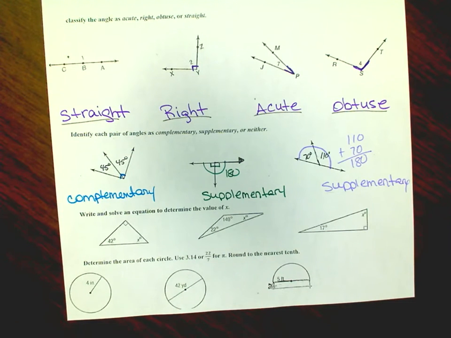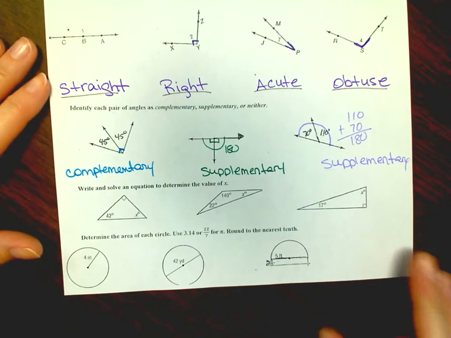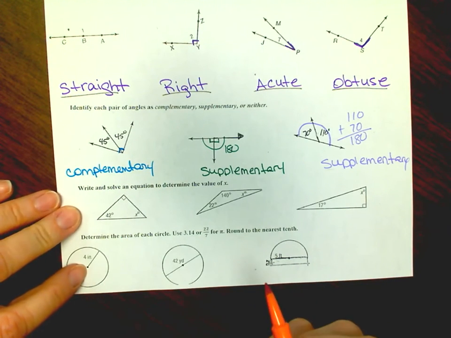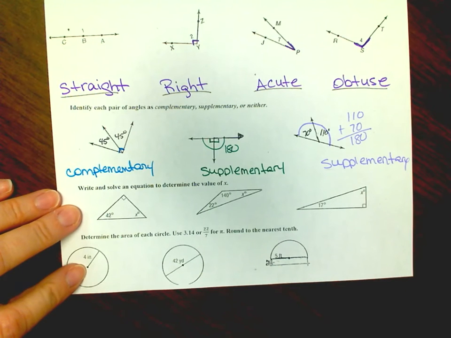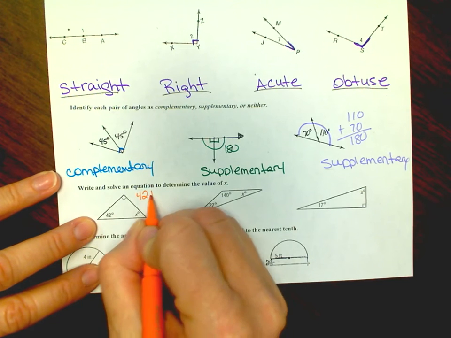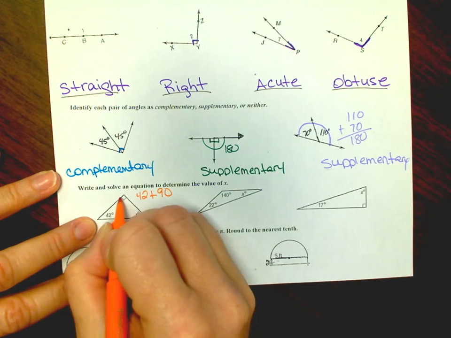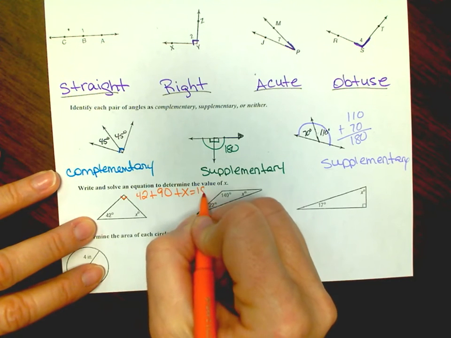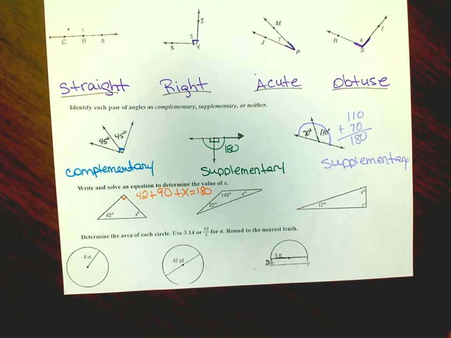And now let's look at the equations, writing and solving for x. Remember, when you add up all three angles of a triangle, they give you 180. So 42 plus 90, we know this is 90 because it's a right angle, plus x equals 180.